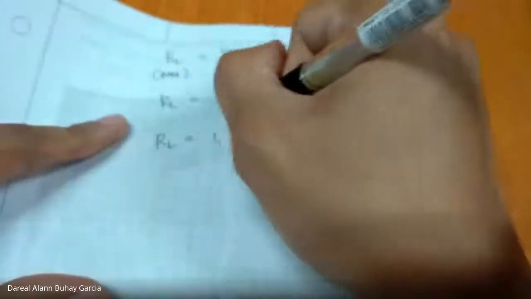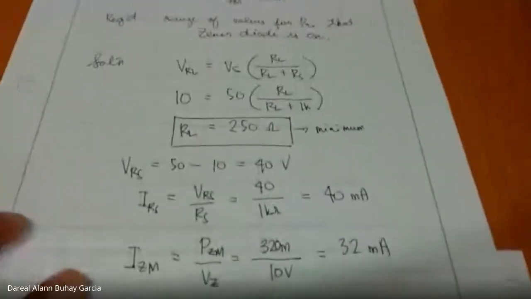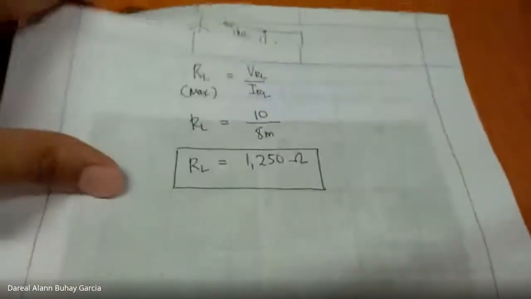So the maximum value for RL is 1,250 ohms. So the minimum is 250 and the maximum is 1,250.